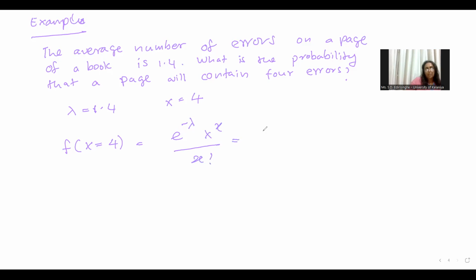So we can write here 2.7183 to the power minus 1.4, again 1.4, and x here is 4, divided by 4 factorial.